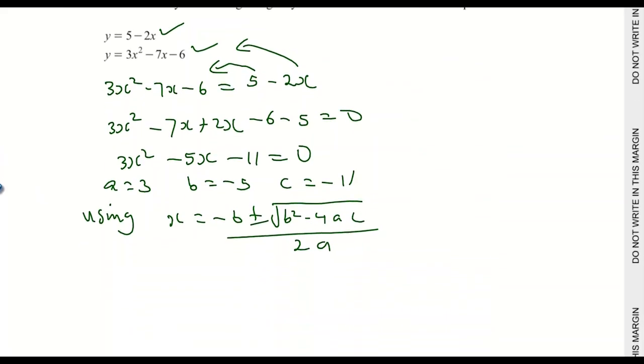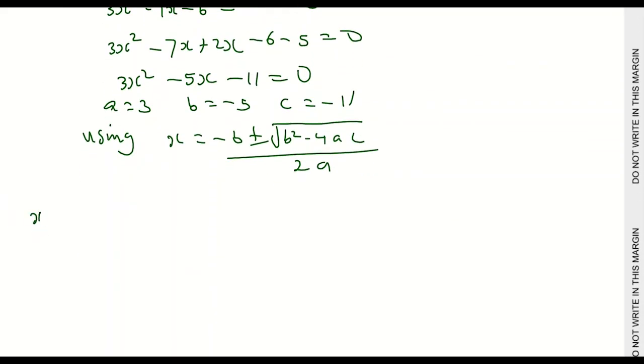If you key in all the values, x equals minus negative 5 plus or minus square root of b squared, which is 25, then minus 4 times 3 times negative 11. This will give you positive 132 straight away. In fact, this one will be positive 5 straight away.